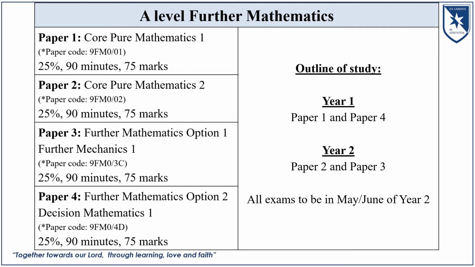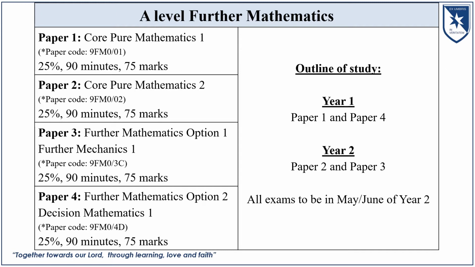All of these papers are worth 25% of the overall exam, 90 minutes long for the exam, and each is worth 75 marks. So all papers have equal weighting. In Year 1, we would cover the textbooks for Paper 1 and Paper 4, so that's Core Pure Maths 1 and Decision Maths 1.